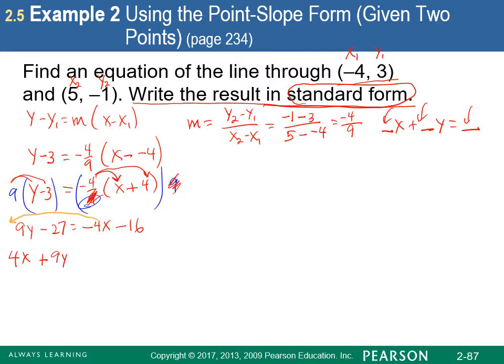Now we need the 27 to be over on the other side, which means if we add 27 to both sides, negative 16 plus 27 comes out to be an 11. And that is standard form.